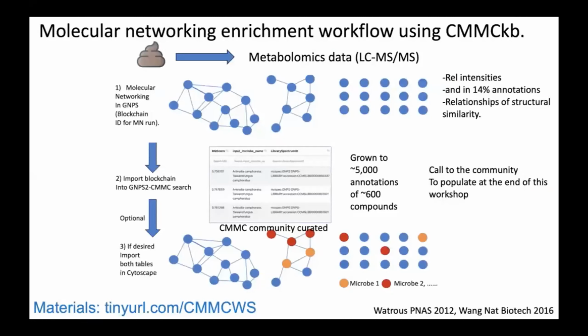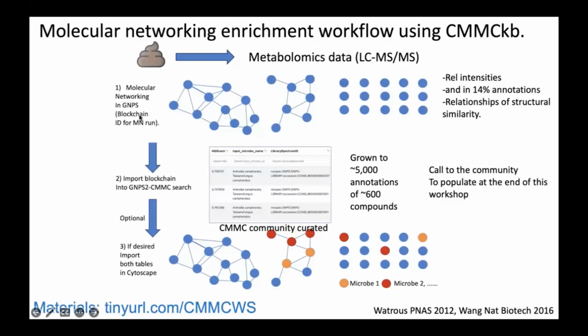The second way that you can use it is through enrichment in molecular networking. I know many of you might not know what molecular networking is, and I will tell you in a little bit, but when you use the GNPS ecosystem for analysis, it creates something like a blockchain.